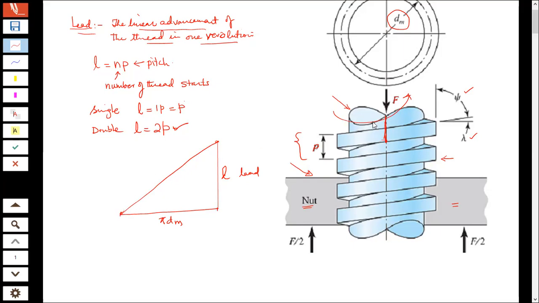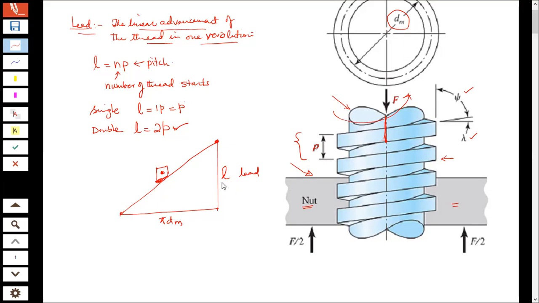What the thread is going to do is that if I put a weight or a load over here on this inclined plane, we are going to push this load up to this peak in one revolution.